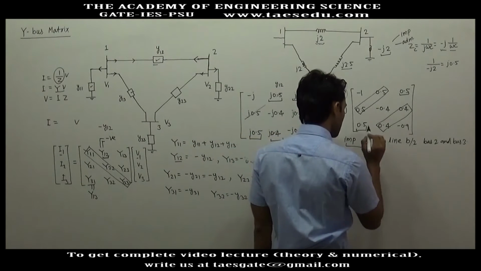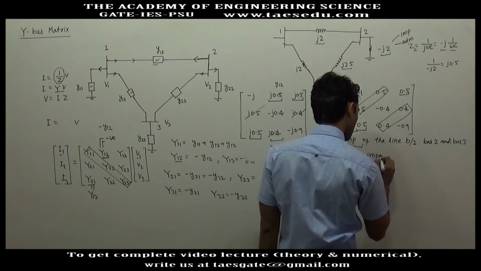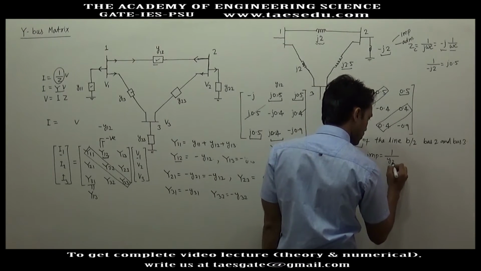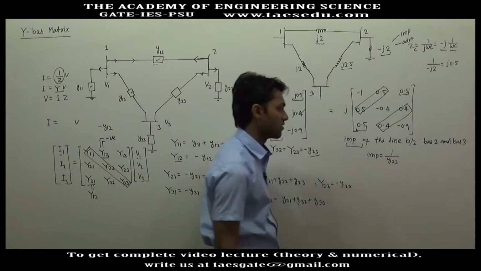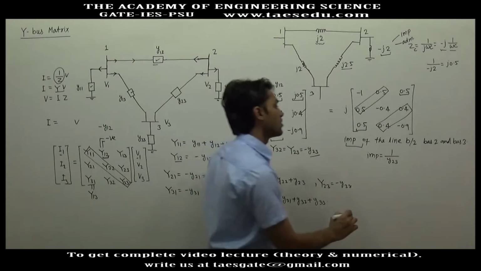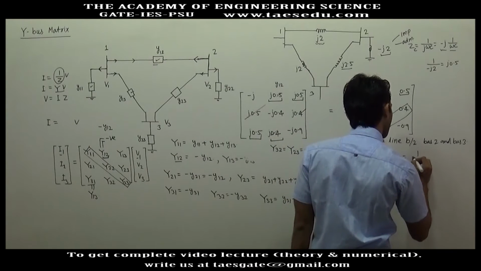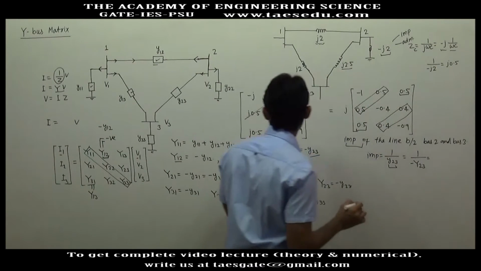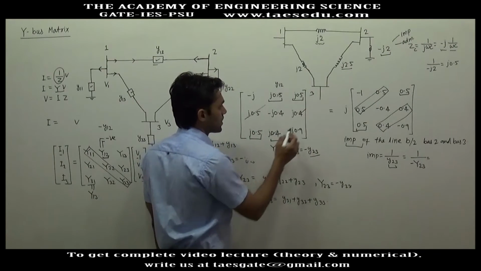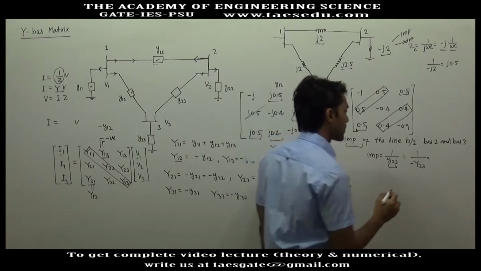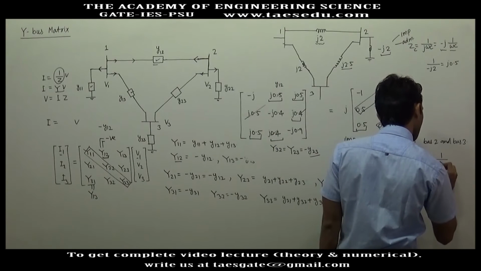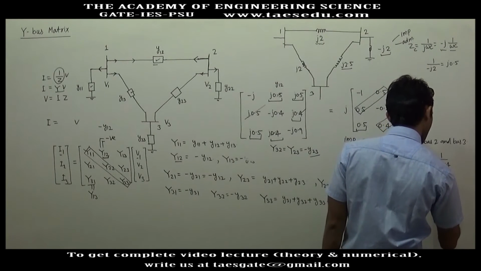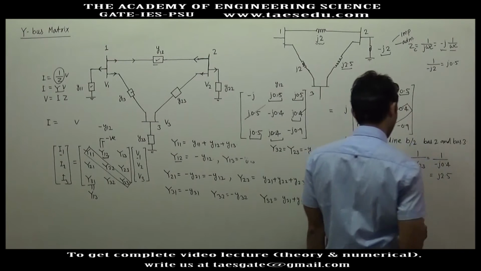So what will be impedance? Impedance will be the inverse of admittance, and admittance is small y23, not capital Y23. A small y23 is 1 by minus of capital Y23. So here you have y23, this will be 1 upon minus of j 0.4, which is nothing but j 2.5.